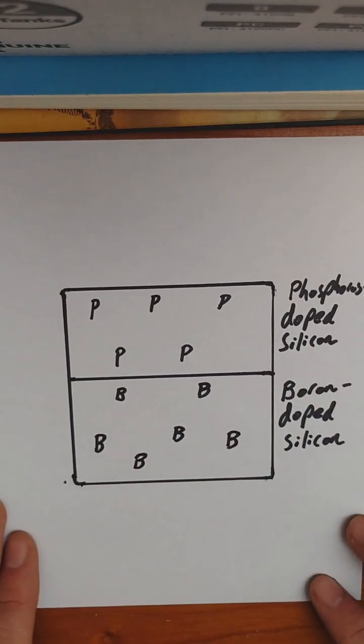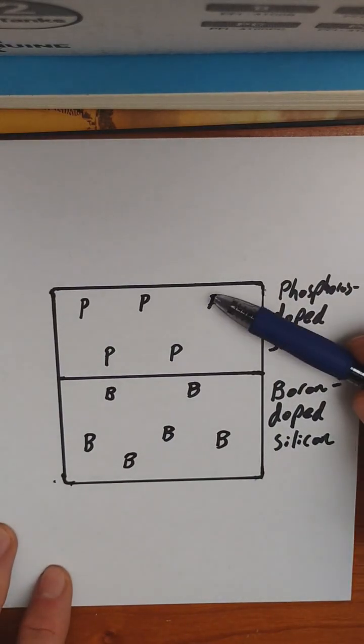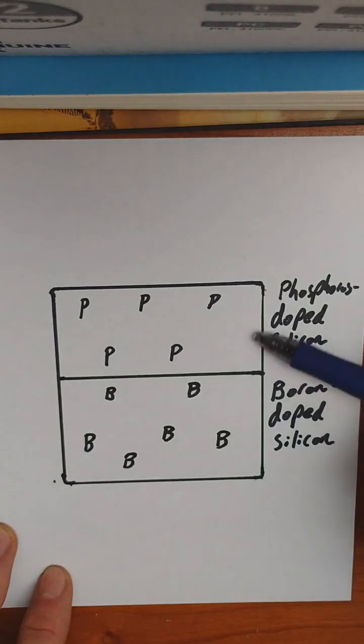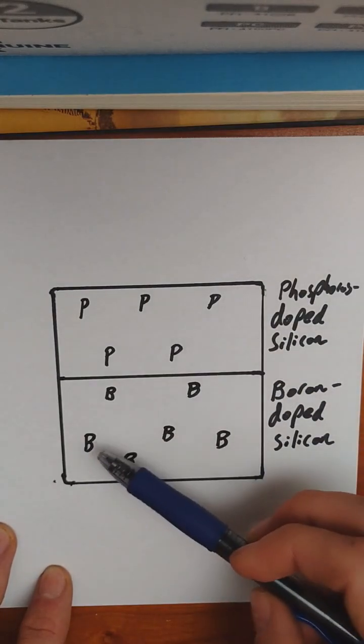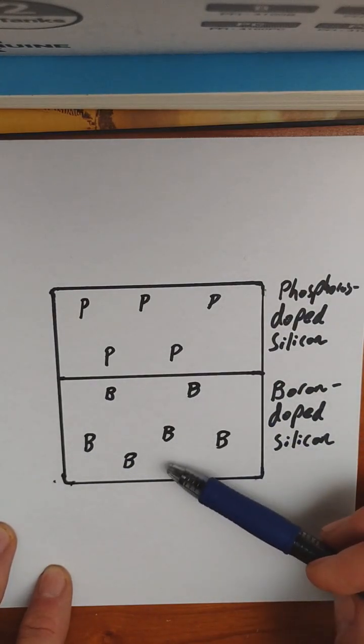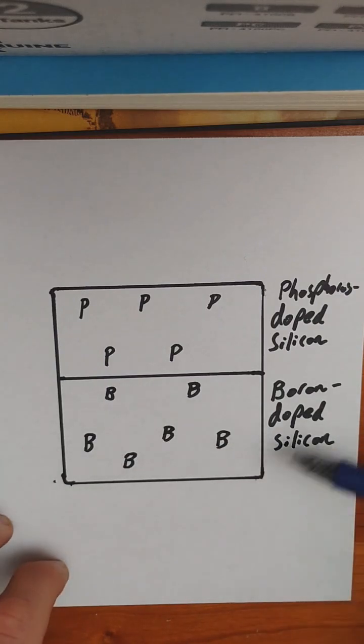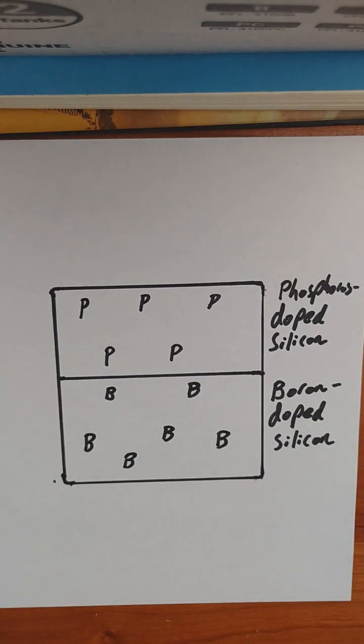Okay, so here's a simpler drawing. We've just got our phosphorus that's embedded in the silicon, which again is there, but I'm just not showing it. And then the boron on the bottom is embedded in the silicon lattice. So what's happening here?